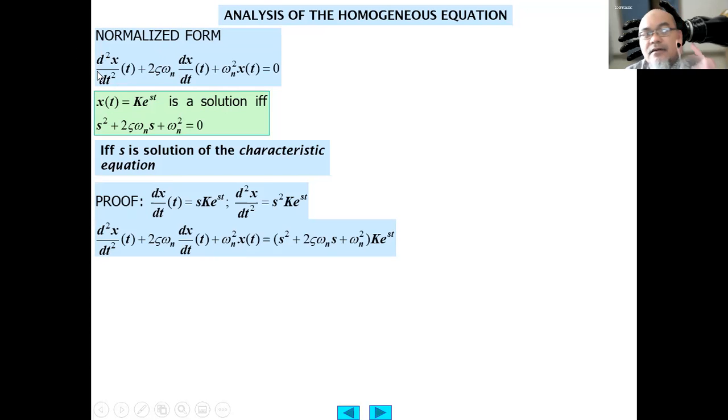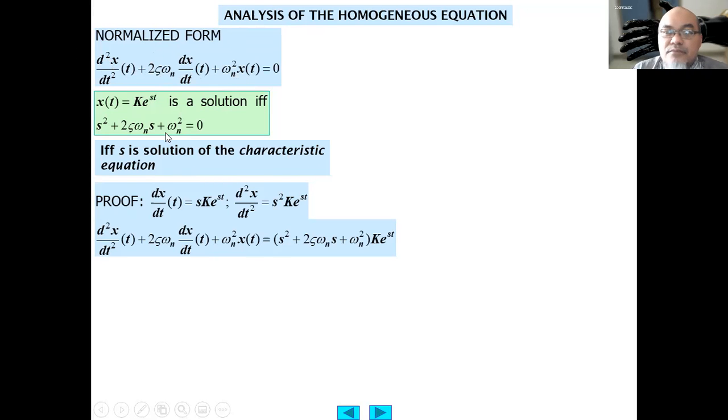Whatever equation you derive using Kirchhoff current law, Kirchhoff voltage law, Ohm's law, capacitance law, and inductance law, you have to make the coefficient of the second order term one. From there, we have the normalized form d square x(t) dt square plus 2 zeta omega n dx dt plus omega n square x(t).